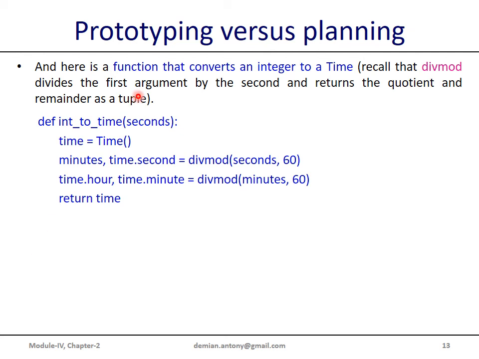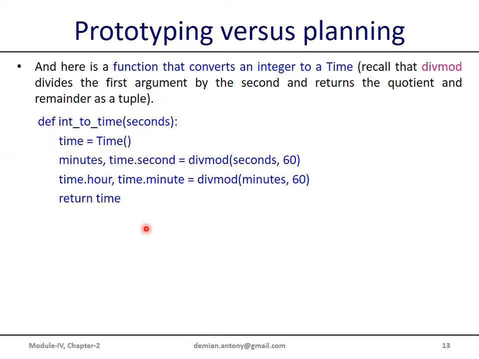Here is a function which converts the integer to a time. This function takes an argument which is an integer quantity, and also we make use of the divmod built-in function of Python, which divides the first argument by the second argument and returns the quotient and the remainder as a tuple.